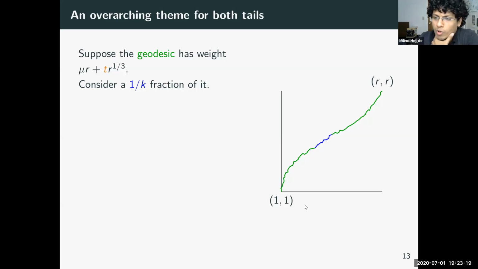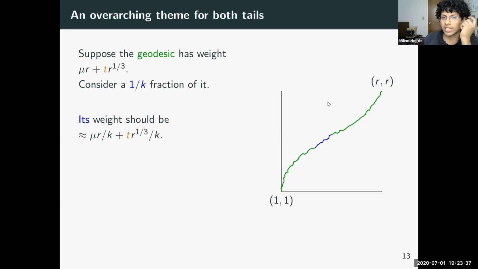Now let's look at a 1/k fraction of the geodesic path. For geometric reasons, you might expect that the weight of this fraction should be proportional to the size of the fraction, in that the blue part's weight should be 1/k of the total weight, which would suggest that its weight should be mu r over k plus t r to the 1/3 divided by k.